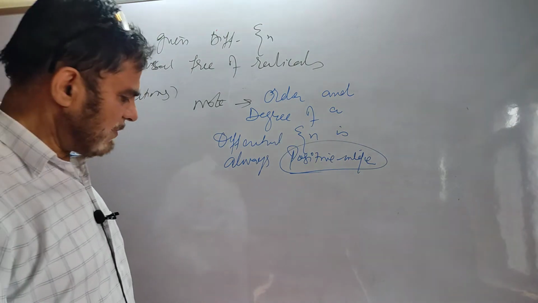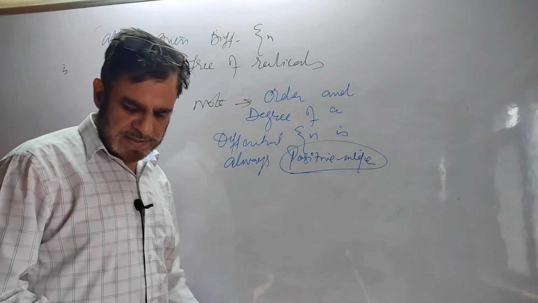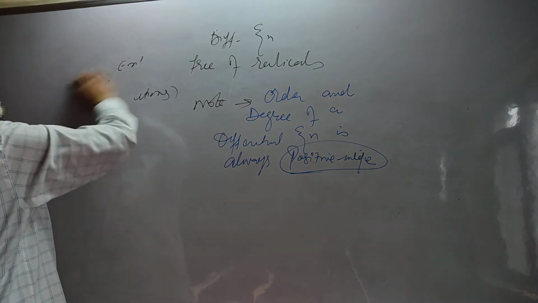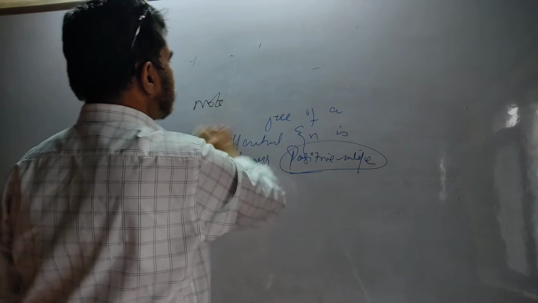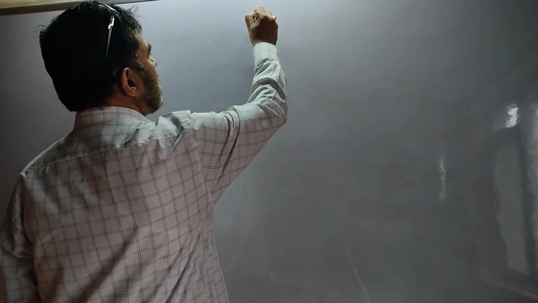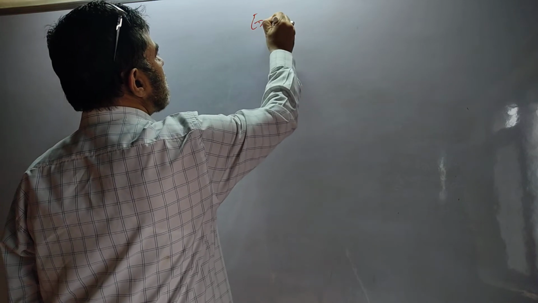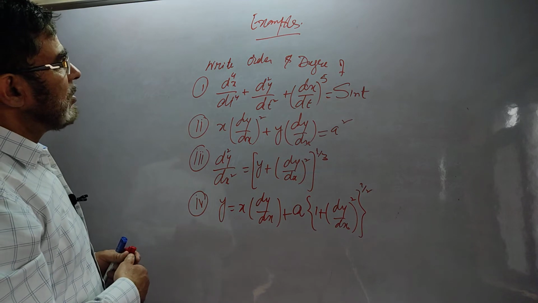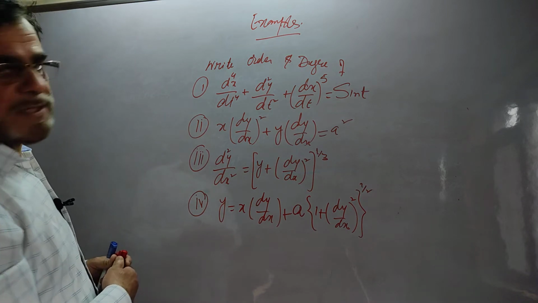Let me write some examples so that you will find the order and degree of the differential equation. I will write some examples here, then we will solve examples where we want to write the order and degree of the differential equation.